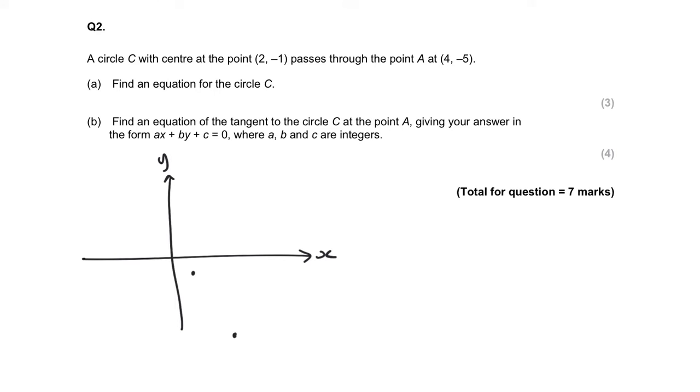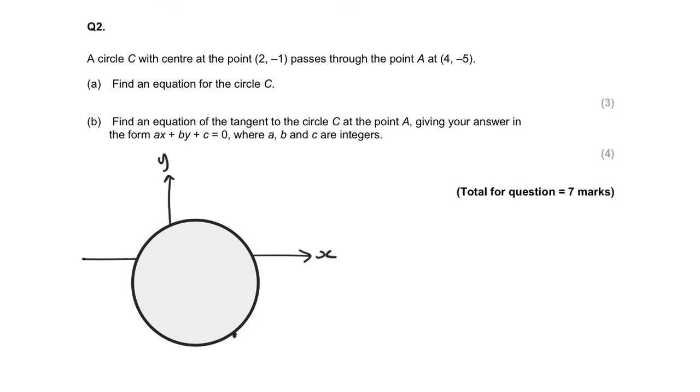So if I draw this as a circle, let's get this circle going. Oh my, what happened there? There we go. Here's my circle. Remember, here's my axes, my centre's here, and we know it crosses here.